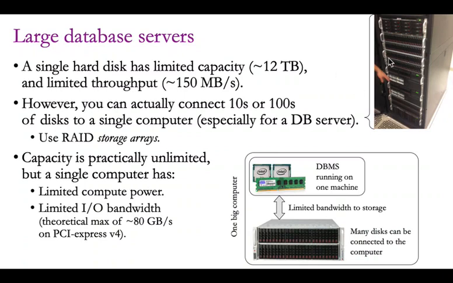I showed you this picture before of a big database server at Northwestern at Kellogg, and this one had hundreds of disks, and those are called RAID storage arrays when you combine multiple disks. So you have a database management system running on one machine. That machine might have more than one CPU, has some memory, and then it has a connection to lots of disks that store data, lots of data, and it gives you a lot of capacity.